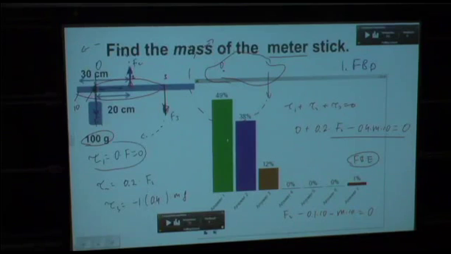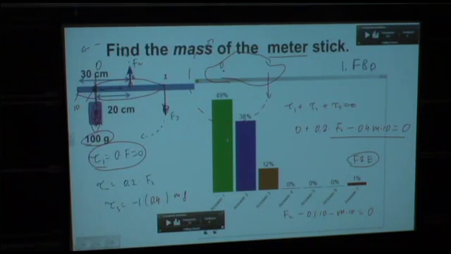You see, this torque is equal to 0. And it doesn't matter if we know that this weight equals 100 grams, or it could have been an unknown weight, the torque still would have been equal to 0 due to the distance.